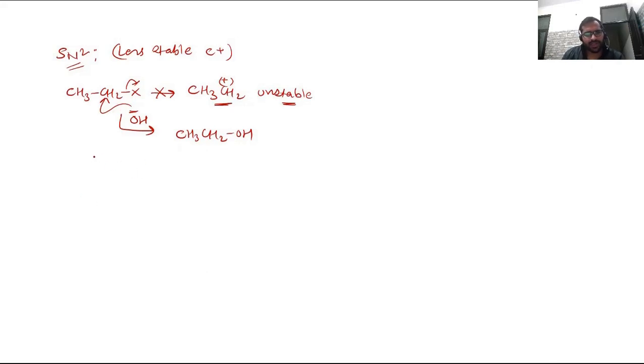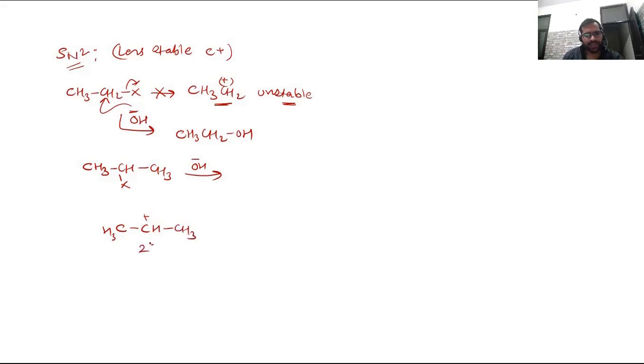We can take another example, CH3CHXCH3. If I add aqueous KOH, that is OH minus, and we think about the stability of the carbocation, the carbocation formed would be CH3CH plus CH3.